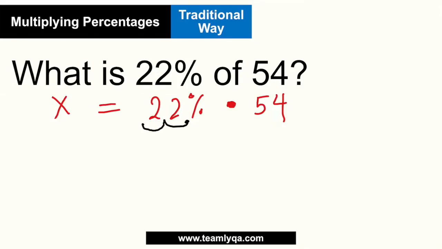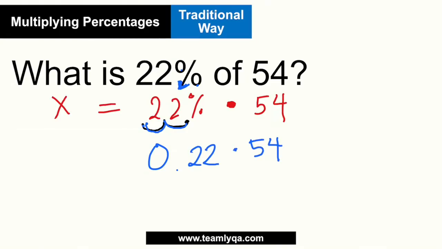Ang clue nyo dyan would be looking at the symbol ng percent. You would see there's an arrow pointing right there, tapos dalawang tuldok. So, ibig sabihin nun, from here, you move 1, 2, dalawang beses, gagalawin mo dalawang beses yung tuldok. So, ibig sabihin, instead of 22, imumultiply mo siya sa 0.22. So, 0.22 times 54.